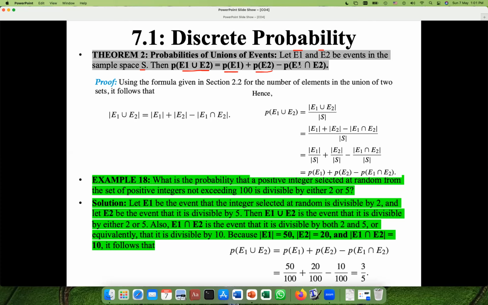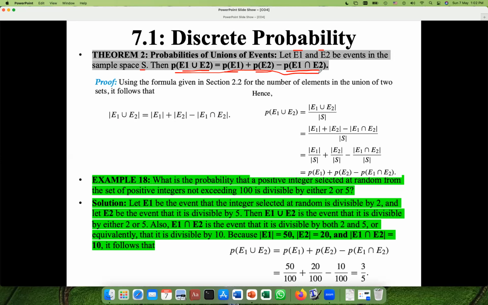You sum them up, and then you subtract the probability of their intersection. So that is the equation.